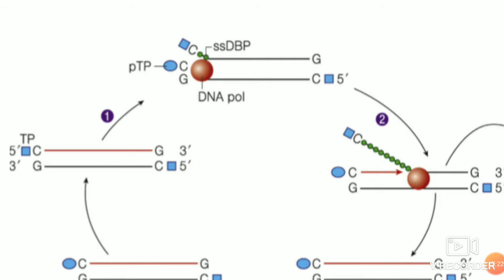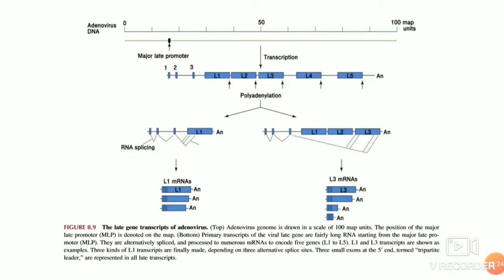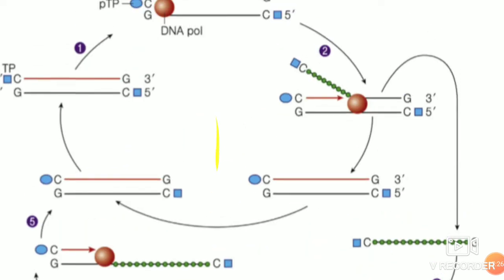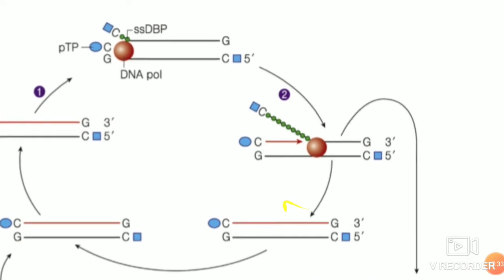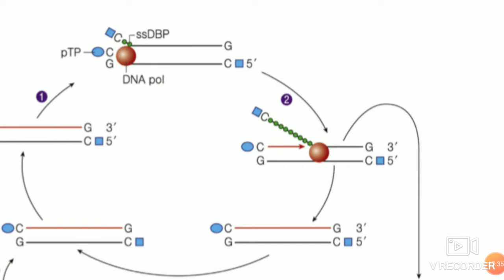Nascent DNA synthesis ensures that the non-templated strand becomes displaced and coated by the DNA binding protein, that is, single strand DNA binding proteins. The green ones getting attached here are single strand DNA binding proteins.